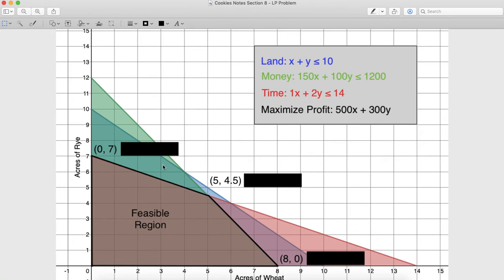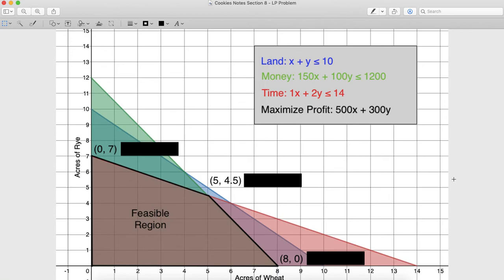So we know that our maximum profit is going to happen at one of those 3 points. Anytime you maximize or minimize your objective, it's always going to happen on a vertex, on a corner point. Now, if I was doing this on paper, I would probably draw in my profit line.